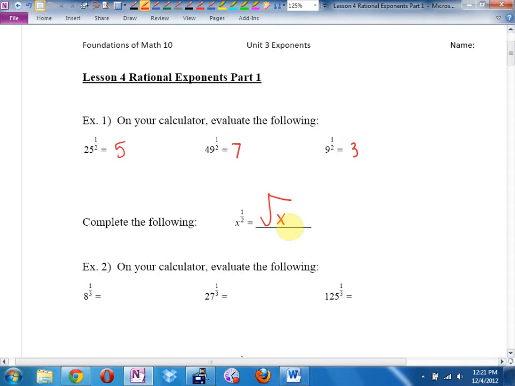You may remember last unit we were doing 4th roots and cube roots and 5th roots. Someone had a button and instead it didn't say this. Instead, it had a fractional exponent button because to the 1/2 is the same as square root. Okay.